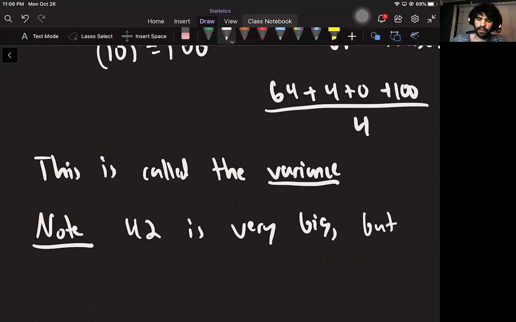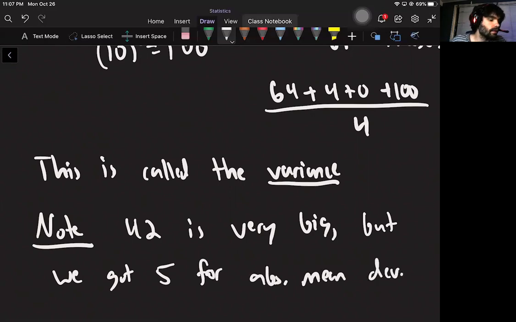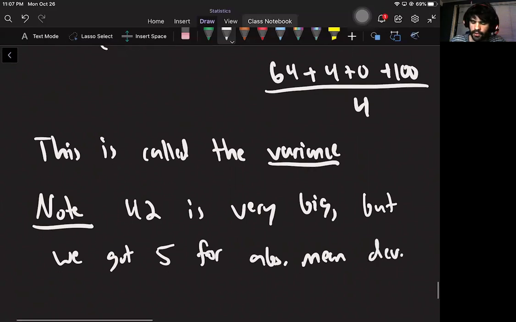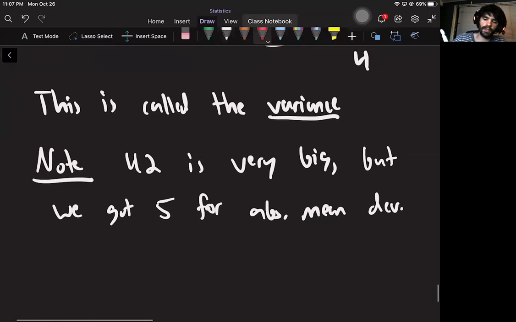But we got 5 for the absolute mean deviation, which is much smaller. So why is there such a huge difference if they're both supposed to be a number that tells you how spread out the data is? So that's one thing to think about. So why are these so different?